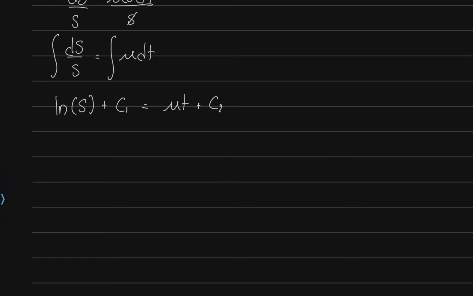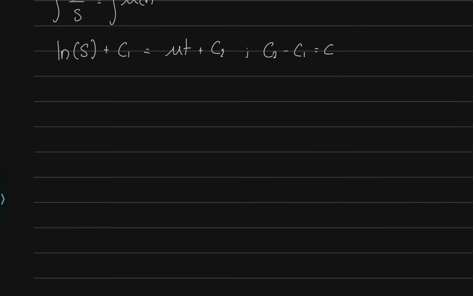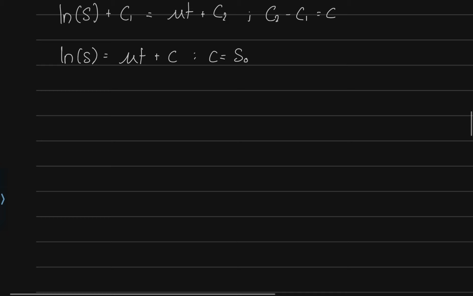Cool. Now, like we said before, we know that c2 minus c1, when we do that step, is going to be some constant c. So let's perform that, and we will see that ln s is going to be equal to mu t plus some constant. And we've also concluded that our constant is going to be S0 by previous analysis.